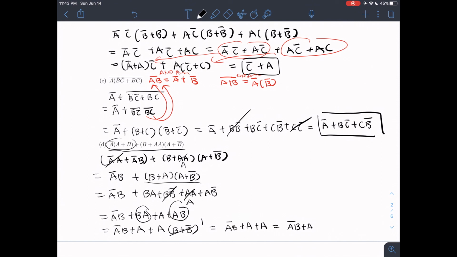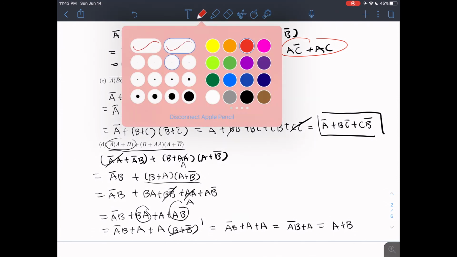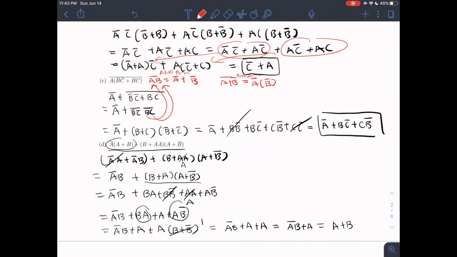And this is going to be equal to A plus B. So this comes from the identity we proved in 2.1. And a more intuitive way of thinking about this is also due to the fact that, say A is equal to 1. If A is equal to 1, this expression would already be true because of this A over here. On the other hand, if A is equal to 0, then this would not be true, right?